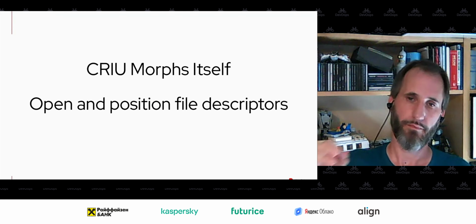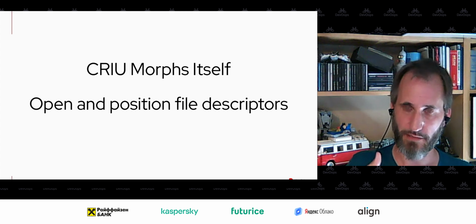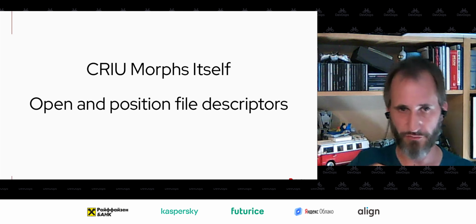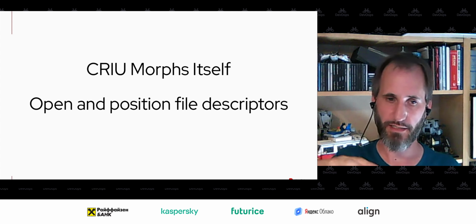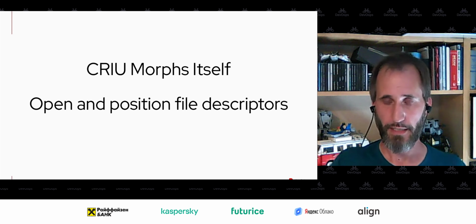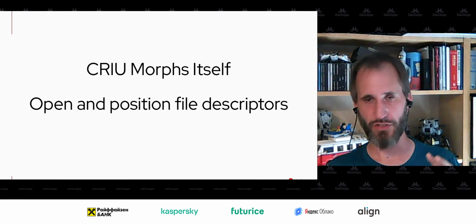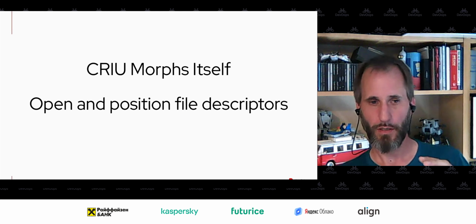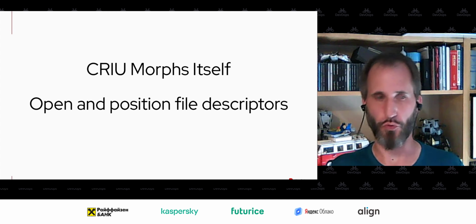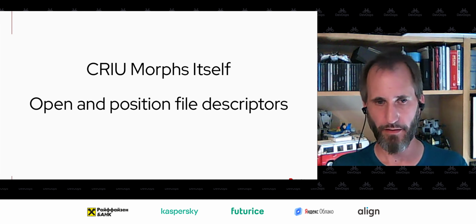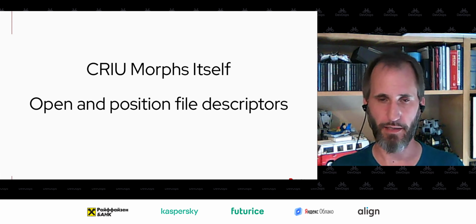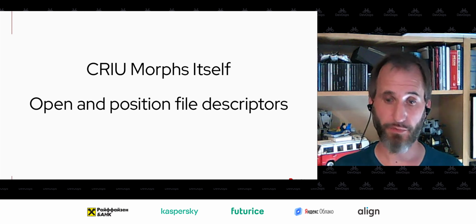I said CRIU creates the whole process tree again. Once the whole process tree has been recreated as it was before, CRIU now changes all these processes into the processes it wants to restore. One nice thing to describe this, from my point of view, is file descriptors.